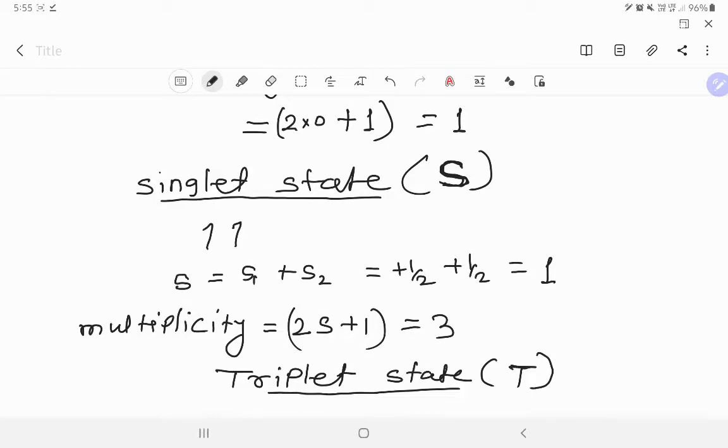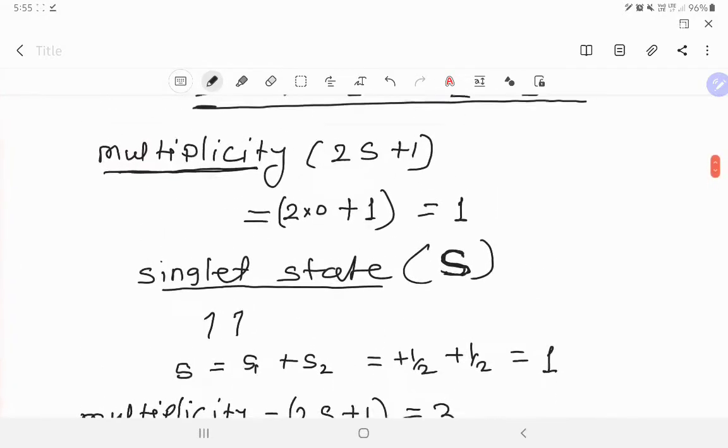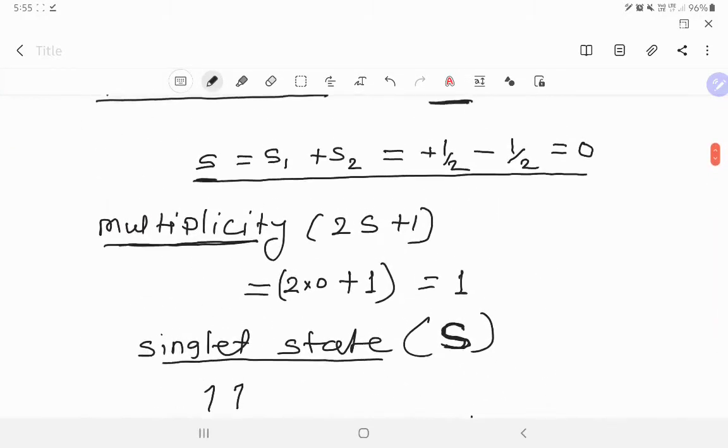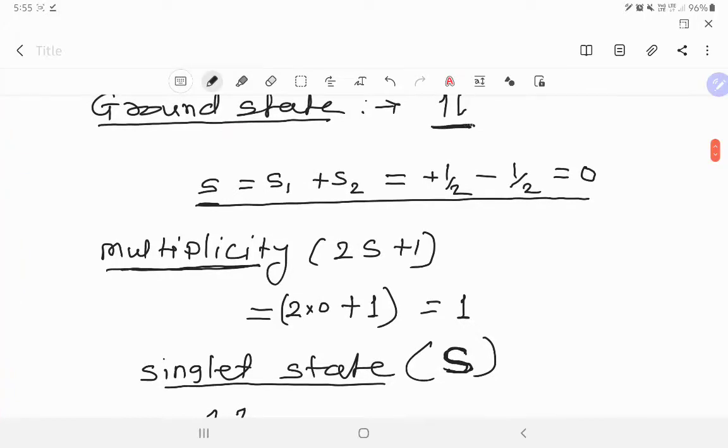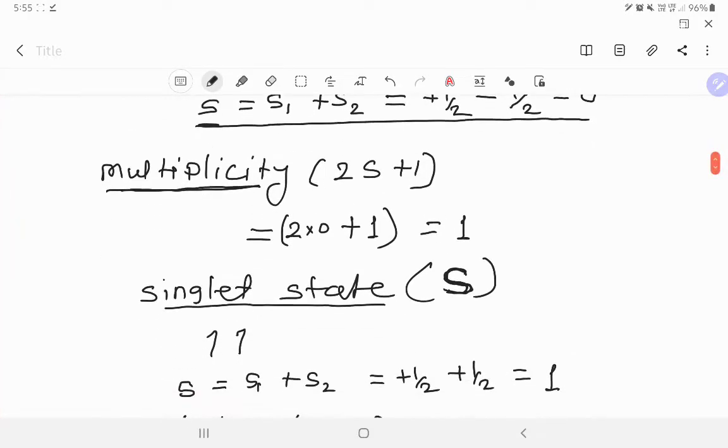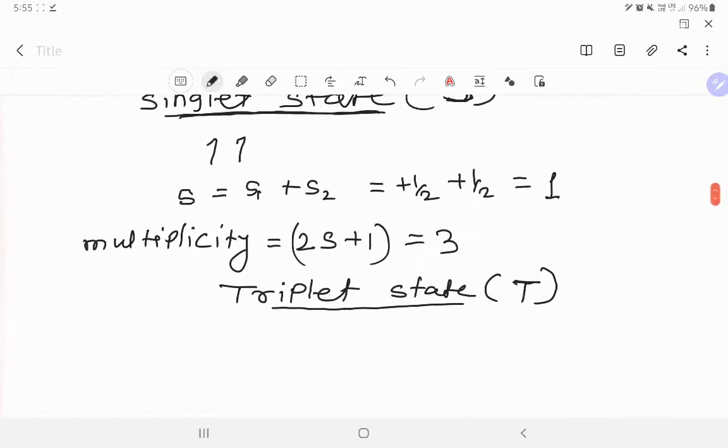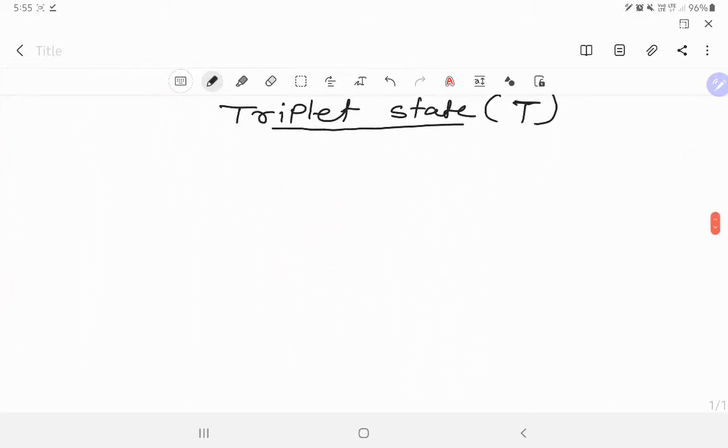Why is it a singlet state? Because the electrons are paired. Since in the ground state all the electrons are paired, generally any molecule is present in a singlet state. Now what happens if there is an absorption of radiation? Suppose these are the two electronic energy levels.